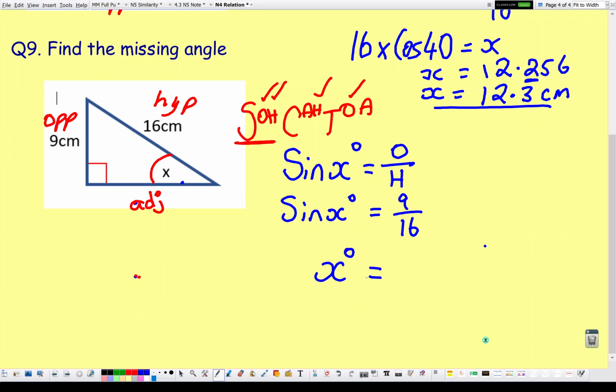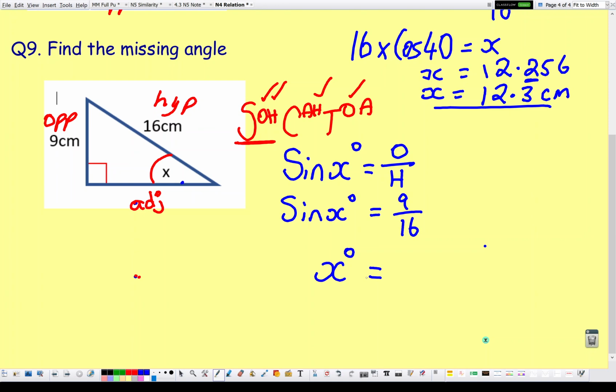Write down your answer, please, to one decimal place. Okay, thank you, Sam. Thank you, Travis. Anyone else get an answer?